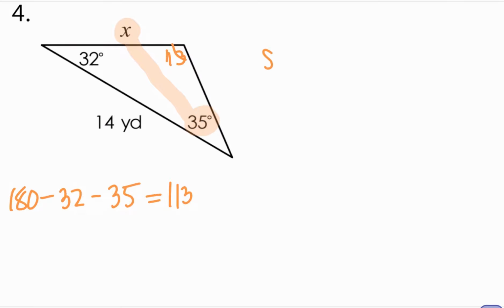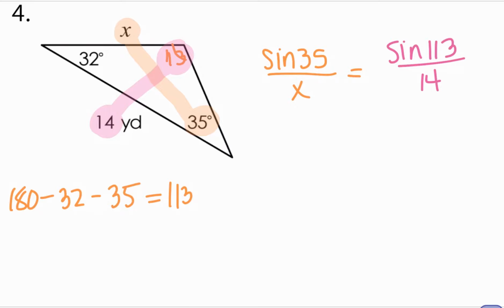So starting with sine of 35 degrees divided by x is equal to, and then now look for something where you have both the angle and the side. So I have this side 14, and I have that angle. That's the one that we just found. That's 113. So sine of 113 over 14.